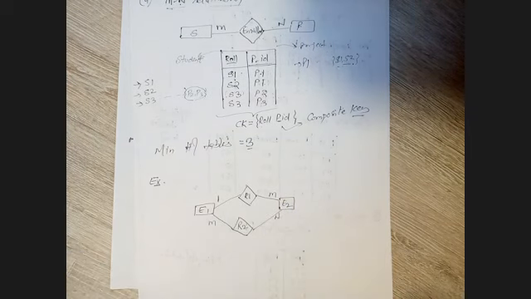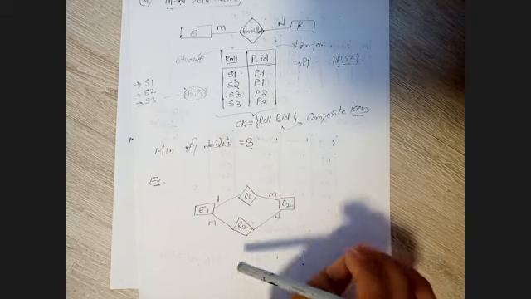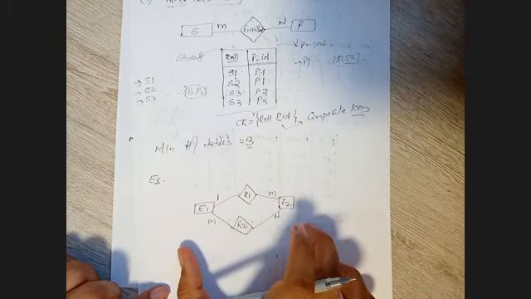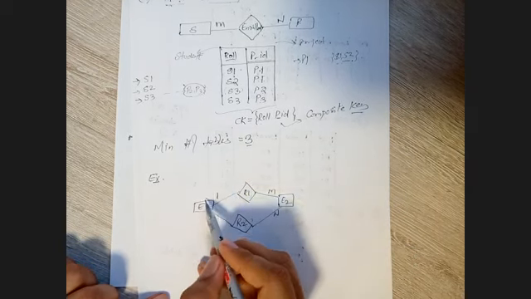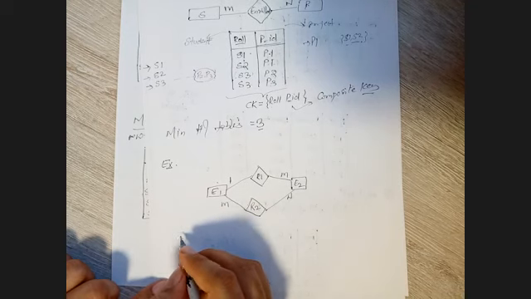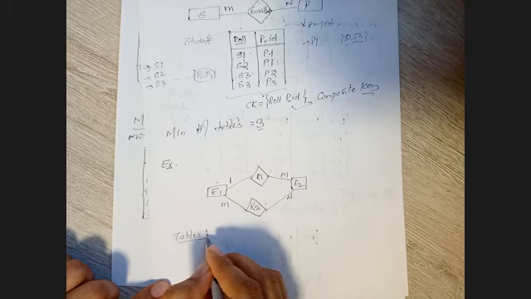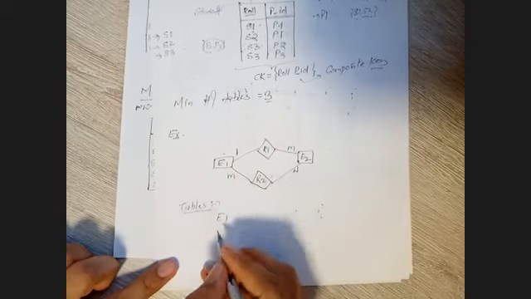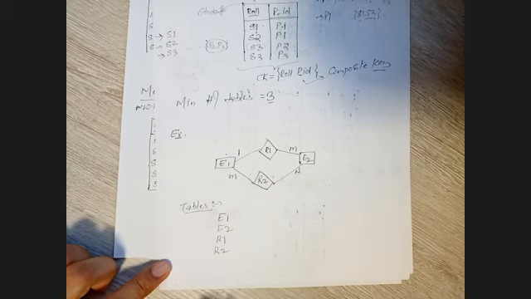So we need to identify the minimum number of possible tables when we convert this ER model into a relational model. Before converting that, let's write down the tables we have: for E1, for E2, for R1 as well as for R2.